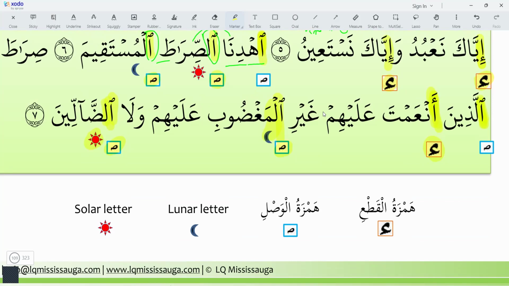So Hamzatul Qat'i, we write like this. Hamzatul Wasl, we write a small sad. And lunar letters, moon letters, we mention with the sign of the moon. And the solar letters, we mention with the sign of the sun.